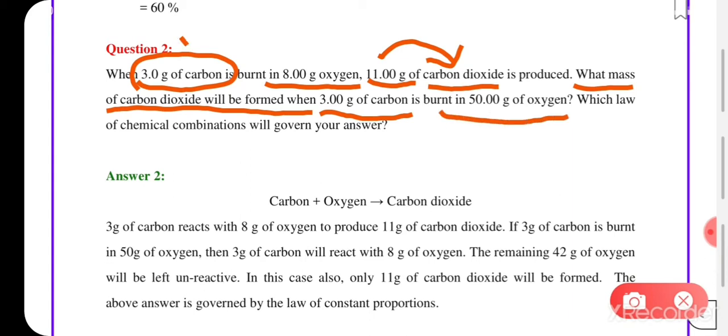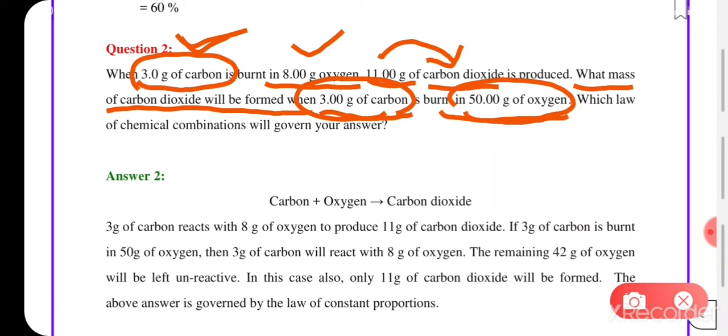See, this is 3 grams of carbon. It is burning with 8 grams of oxygen and producing carbon dioxide as a product, and its mass is given. They are asking what will form when the same 3 grams of carbon is burned with 50 grams of oxygen. You know there is a law of definite proportions. According to that, the individual elements combine together in a fixed proportion.